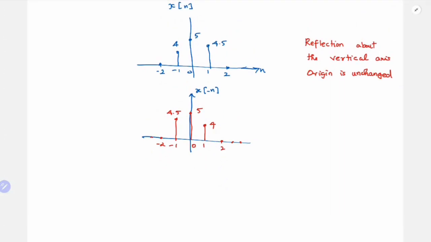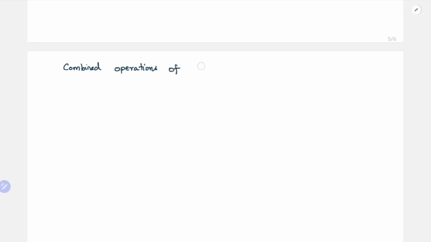Now let us look at the combined operations of shifting, scaling and reversal.